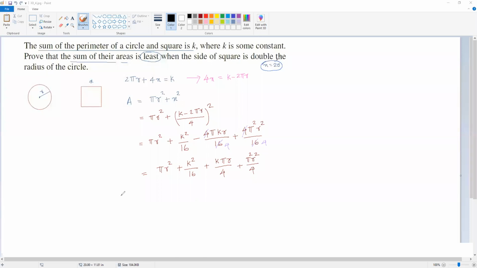Now we have to find the derivative dA by dr, because if the maximum or minimum exists, that will be at the critical points. माइनस आएगा ना वहाँ. हाँ तो इधर माइनस आएगा. ठीक है, that is minus.